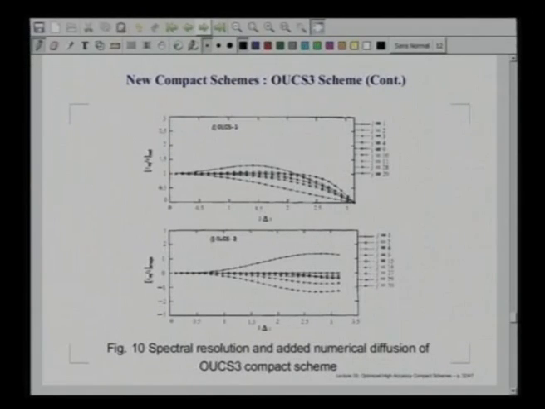And once again you can see, look at this value of the real part, it remains flat all the way up to about 2.2, 2.3. So, we have a scheme which actually gives you a very, very flat performance, like what you would have gotten using a Fourier spectral method.